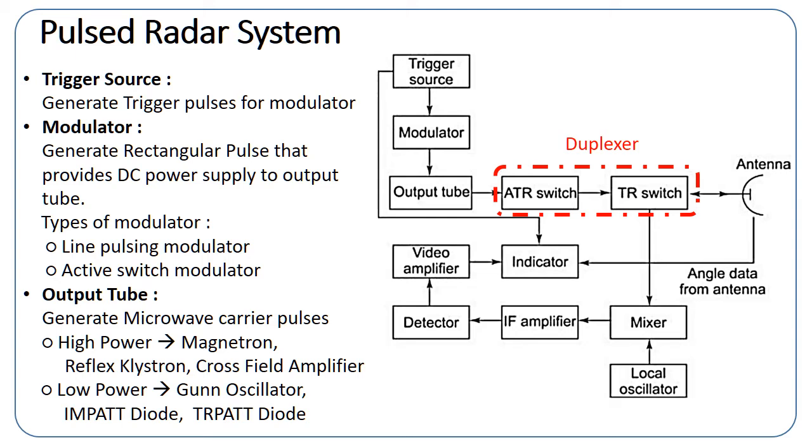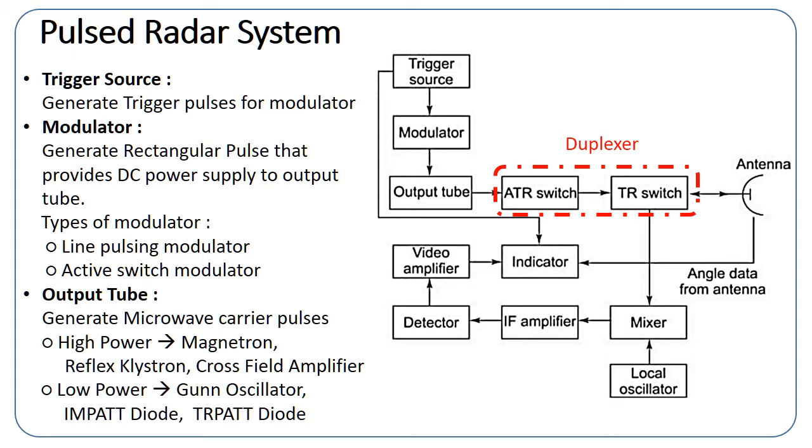Next component is output tube. So an output tube is a microwave source which generates microwave carrier pulses. Modulator will provide the very high DC voltages that are required by the output tube for generation of such pulses.